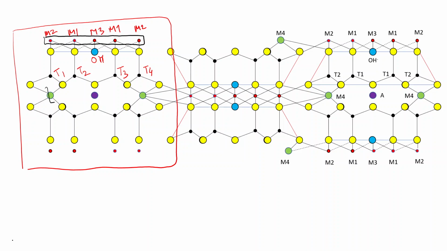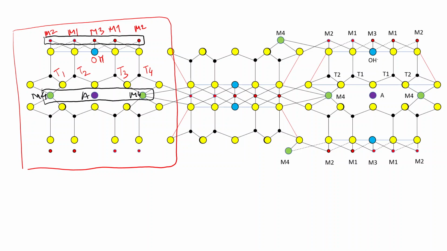So this is another strip. See, so we have two different strips. M1, M2, and M3 being smaller in size, they are placed at the apex of the tetrahedra. While the M4, A, and again M4, they are larger and they are placed at the bases of the tetrahedra.